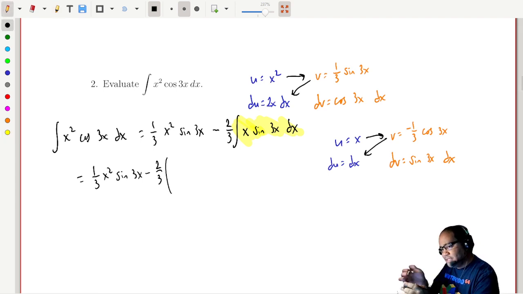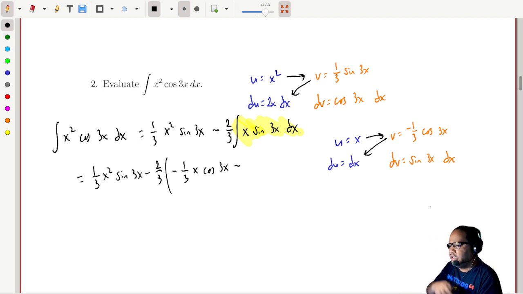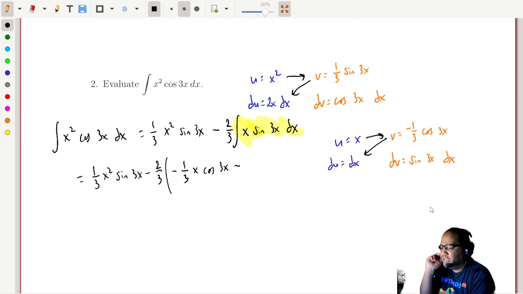So 2/3 times that integral. But now we're going to use the parts formula. So u times v: x times negative 1/3 cosine 3x. And then minus the integral of v du. Be very careful here. Minus times a minus 1/3. Minus is plus, okay? I'm going to go ahead and write this in just like this.